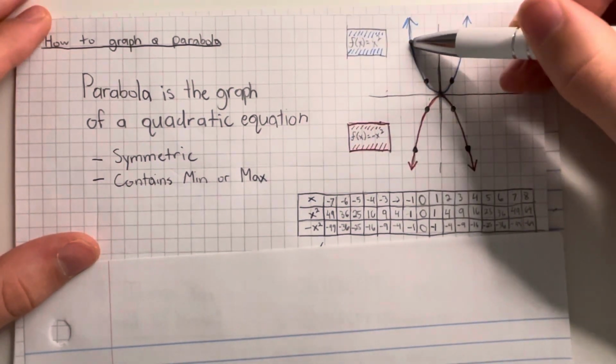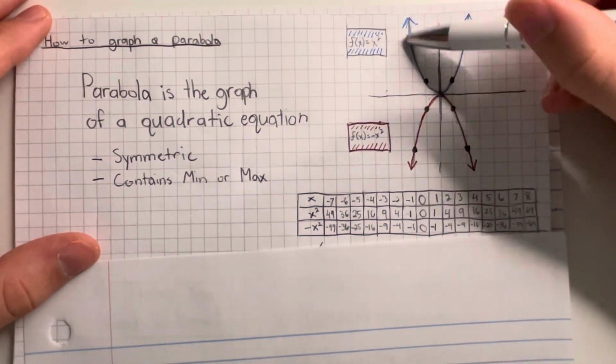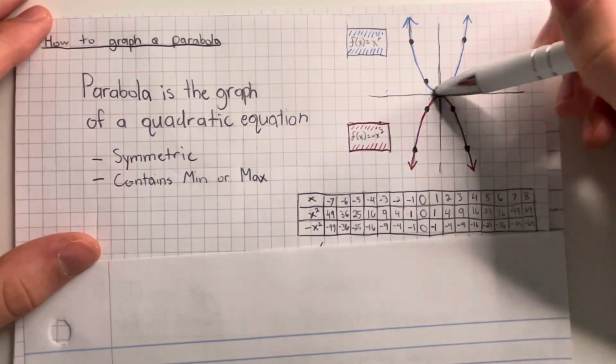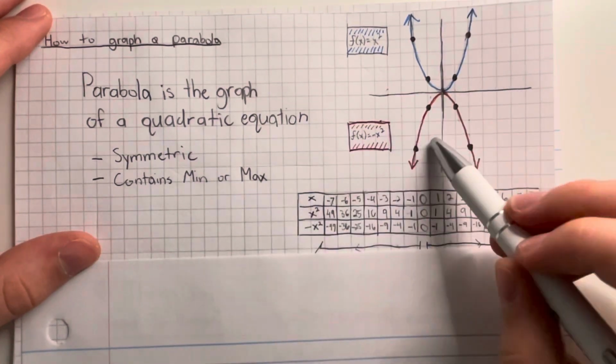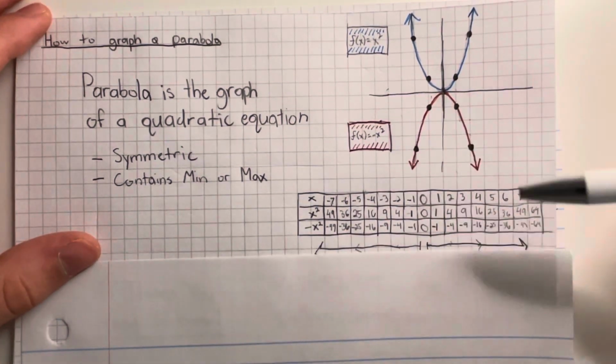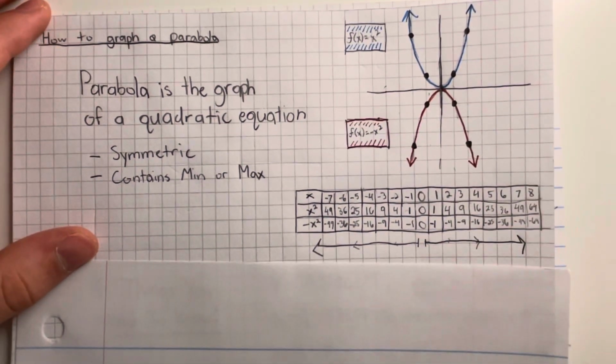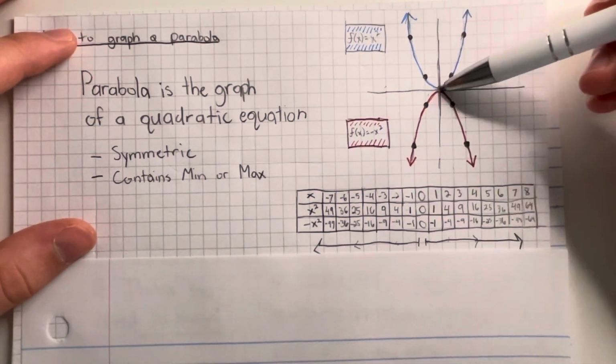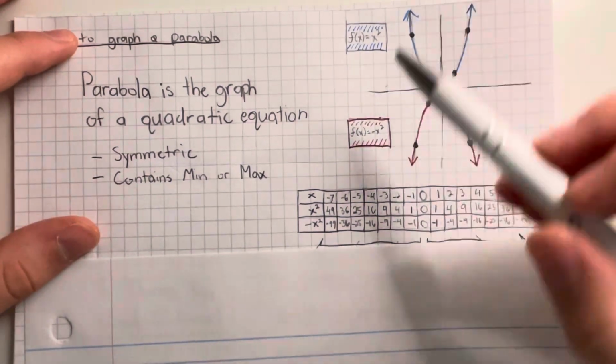The blue graph has a minimum. Since it only goes up, there has to be a lowest point. Same thing for the red graph. It goes down to negative infinity, but if it only goes down, there has to be a highest point, and that's a maximum.